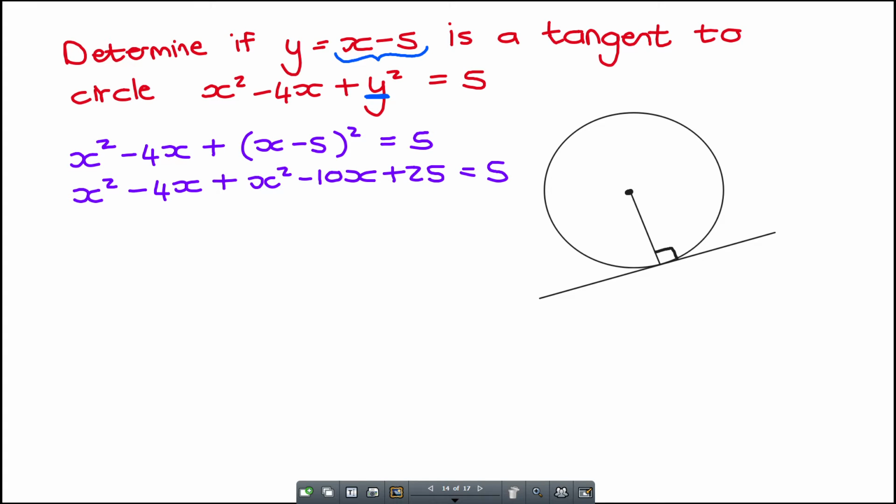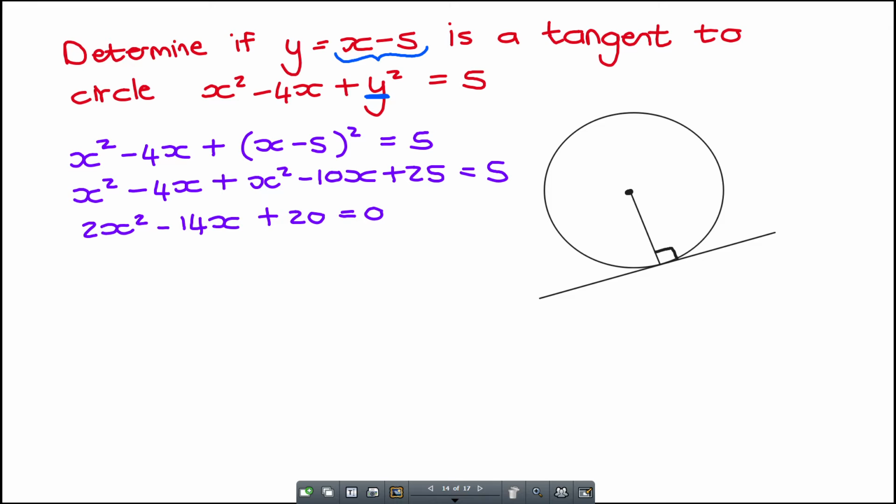Right, so I substituted in that value of y, nee? And then I multiplied out those two brackets. Nou gaan ek gou alles een kant toe vat. So it would be 2x squared minus 14x plus 20 is equal to 0.